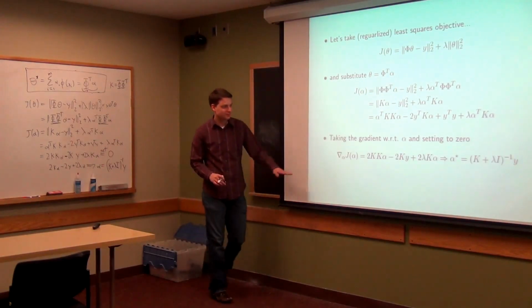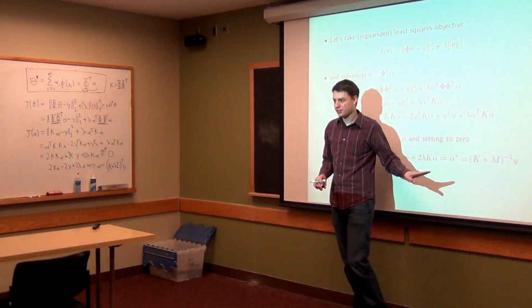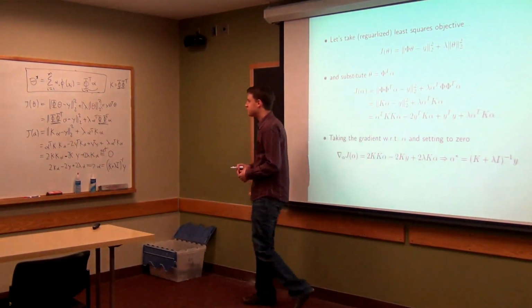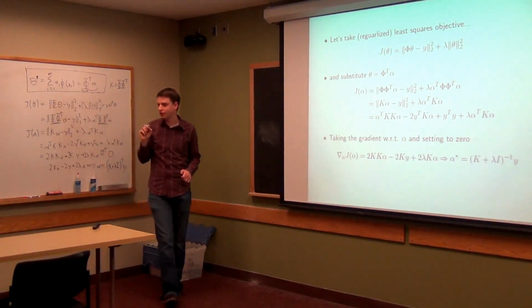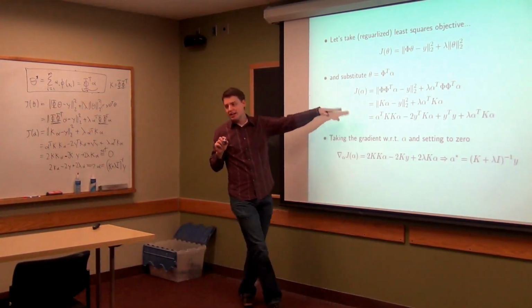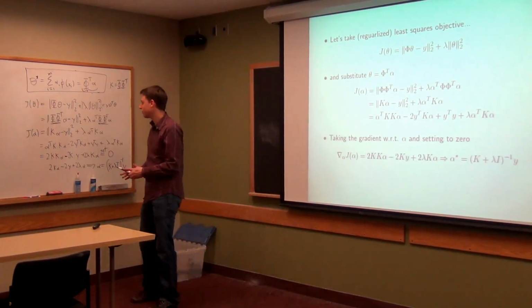But the point here is that we've found those alphas. We found the alphas for theta star here. These are the ones that minimize that least squares objective, again, by computing gradients and setting them equal to 0.